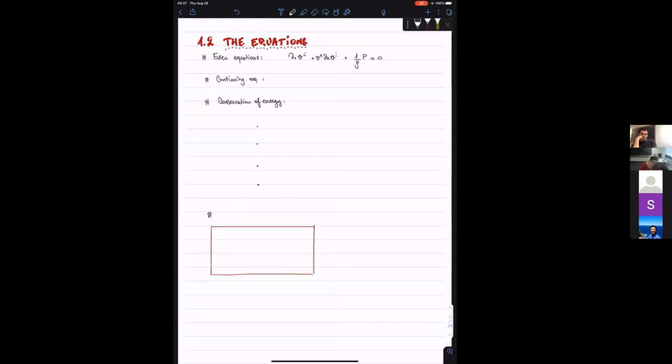There is the continuity equation. And let's say there is an energy conservation equation. You've seen these equations at least once in your lifetime.